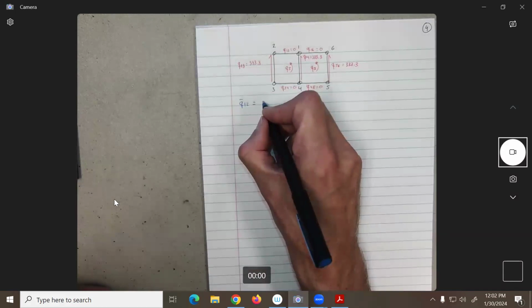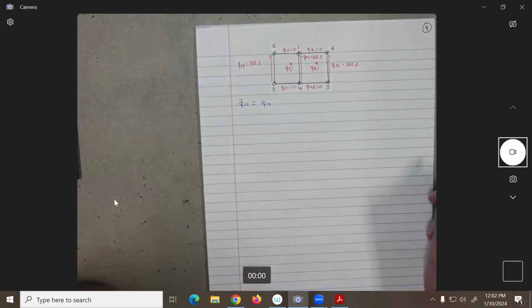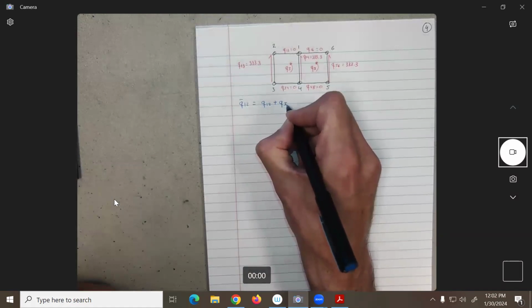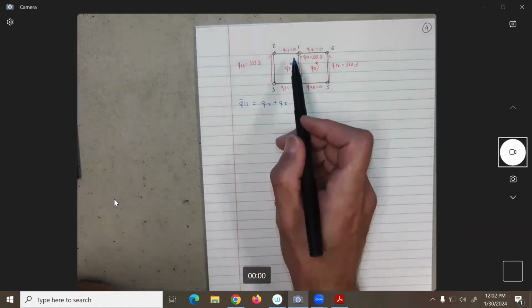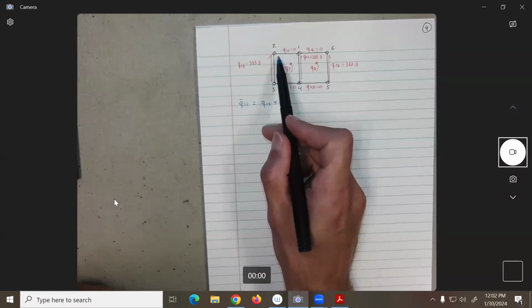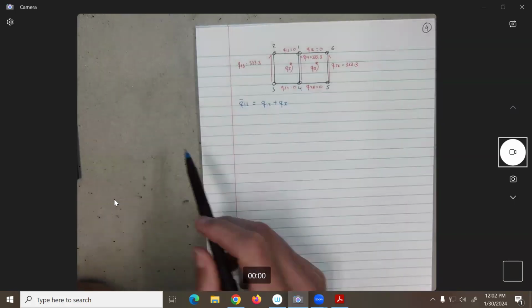So this should be equal to Q12 plus Q1, no? It's going in that direction. Could you repeat what Q bar 12 is? Look at the definition. It's just combining this one over here plus this one. This one will be going through this one, in this direction. Correct? You understand this?